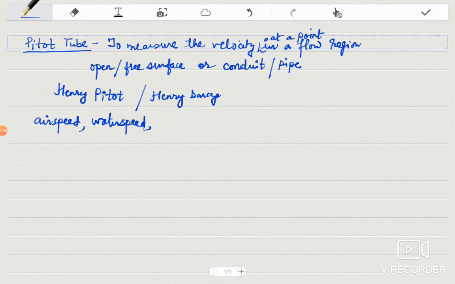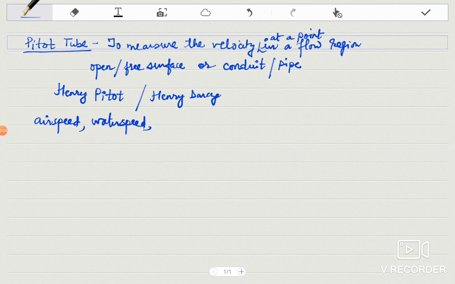In aeroplanes, Pitot tubes are used to find the velocity. These are used at the wings because they measure the drag force, the lift force, and they also give us a measure of the force which is required to lift an aeroplane.